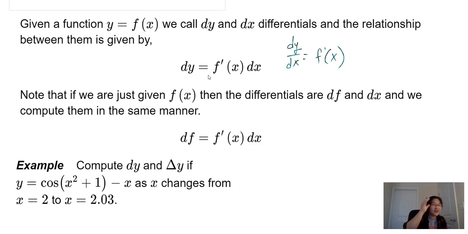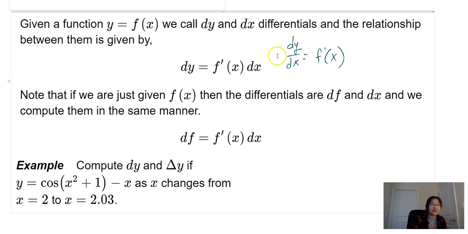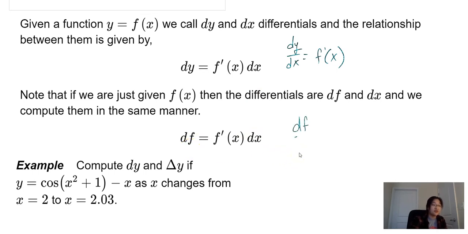So just separating a little bit our understanding of our notation, where yes, this is true, but we can also say these are numbers because a derivative is still a number, so then we get a change in y divided by a change in x. These are changes that are happening. So we can write our differential in terms of our function as well, so it doesn't have to be dy/dx, it can be df/dx is f prime of x. So then when we rearrange this, we get this form right there.